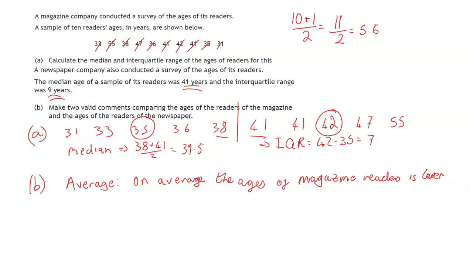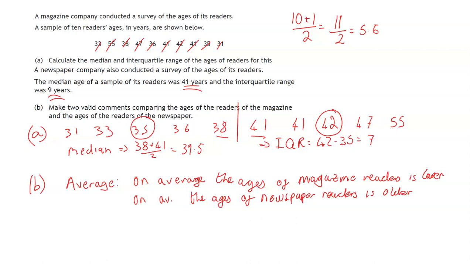So I could also have said that on average, the ages of the newspaper readers is older. So I could look at it from either of those two perspectives. The bottom line is I have to make one of those comments on it.